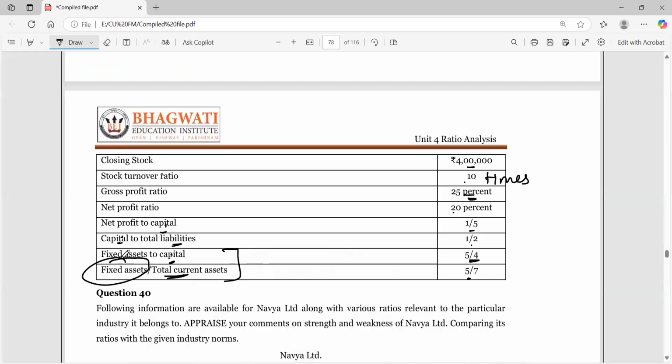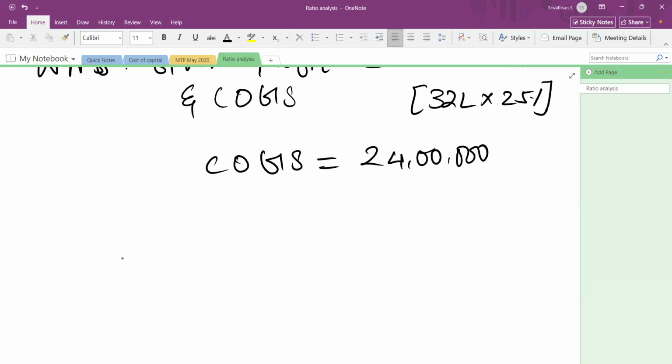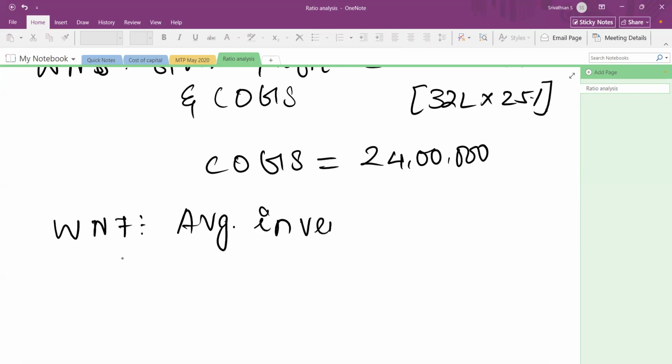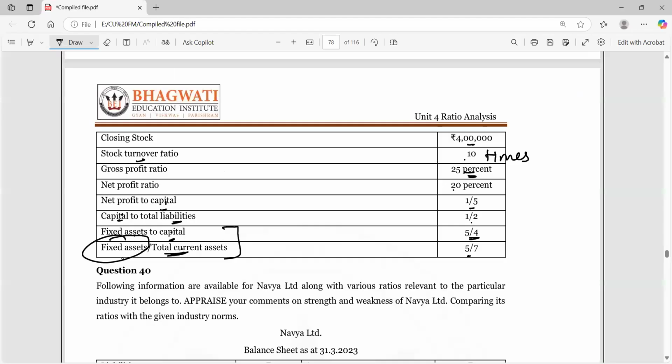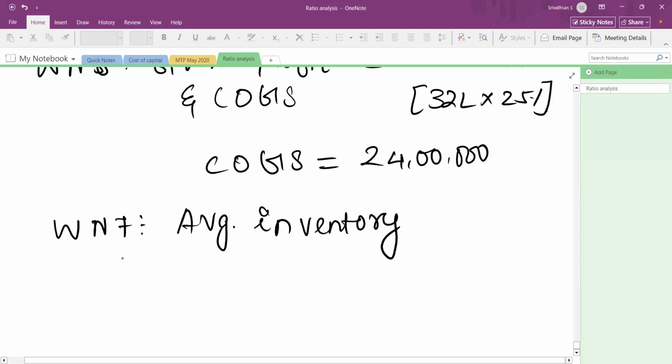Now we have COGS. With this, what can we calculate? Average stock we can calculate, right? Working note number 7, average inventory or average stock. So what is the formula for stock turnover?